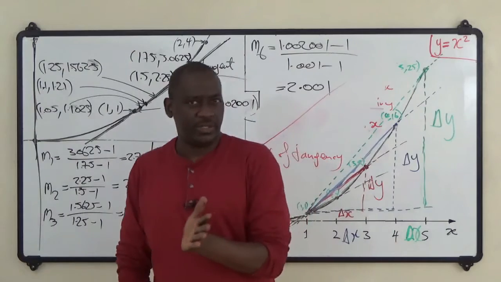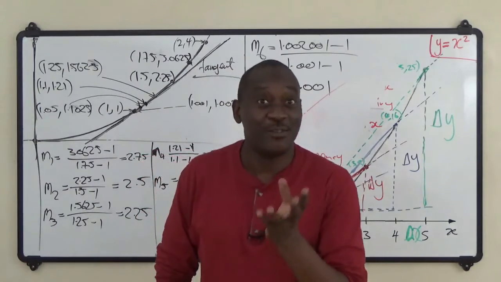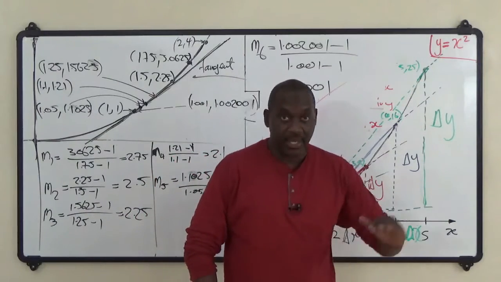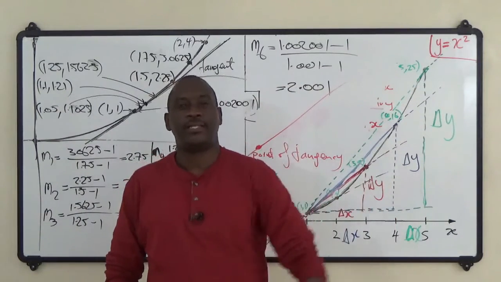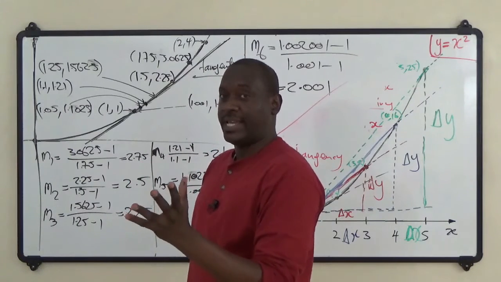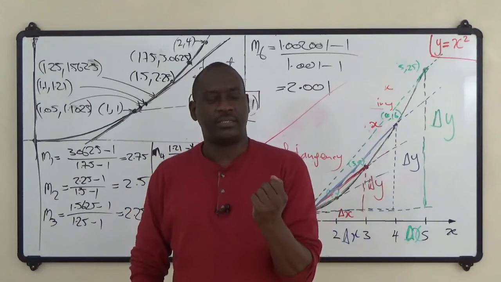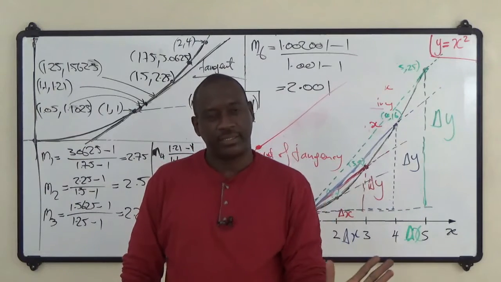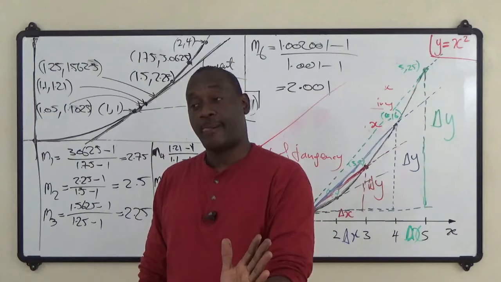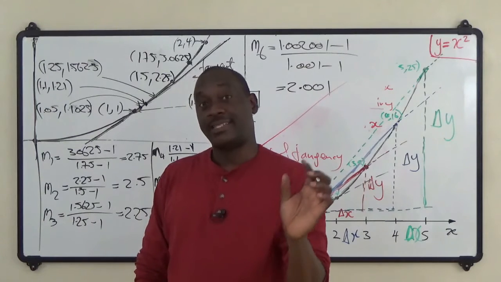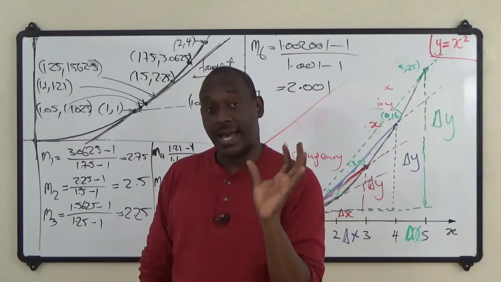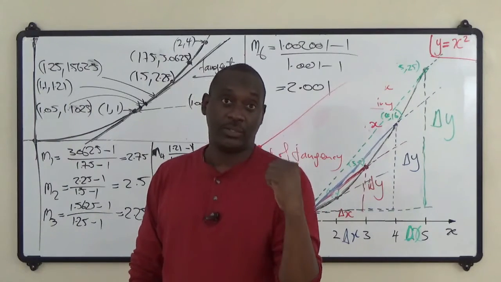It's trending towards 2, using social media language. It is approaching 2. It is moving towards 2. In the language of mathematics, we can say that the limit of the gradient of the line segment as the length of the line segment tends to 0 is actually equal to 2.